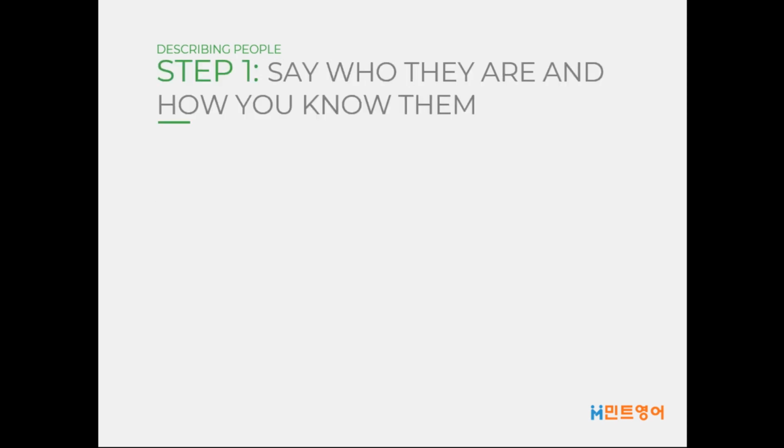After saying who he or she is, talk about how you met him or her. If you're talking about a person not related to you, it is best to explain how you met. To effectively do this, it's best to use the simple past and past continuous tenses.